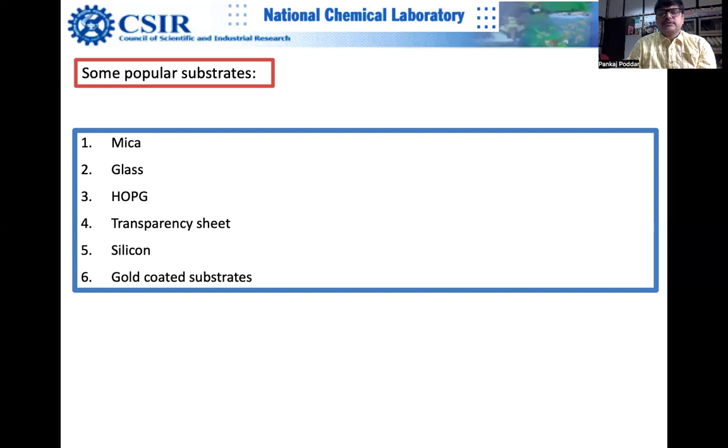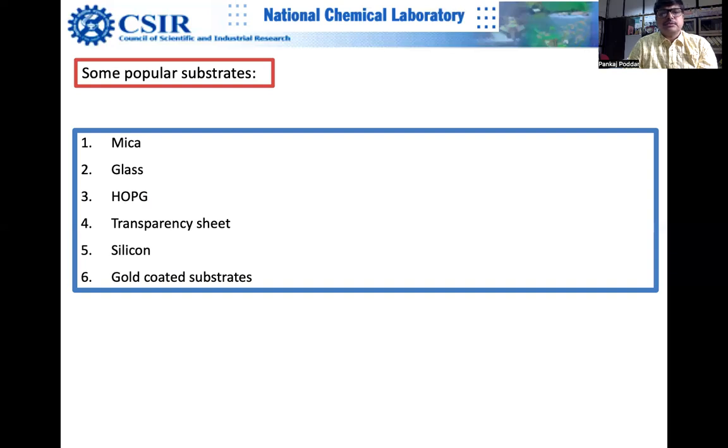That makes it very interesting for biomolecules such as proteins, enzymes, and all kinds of cells. So you can have cellular growth and cellular attachment very nicely on mica. It is very good for cellular imaging, biomolecular imaging, and also for inorganic materials.